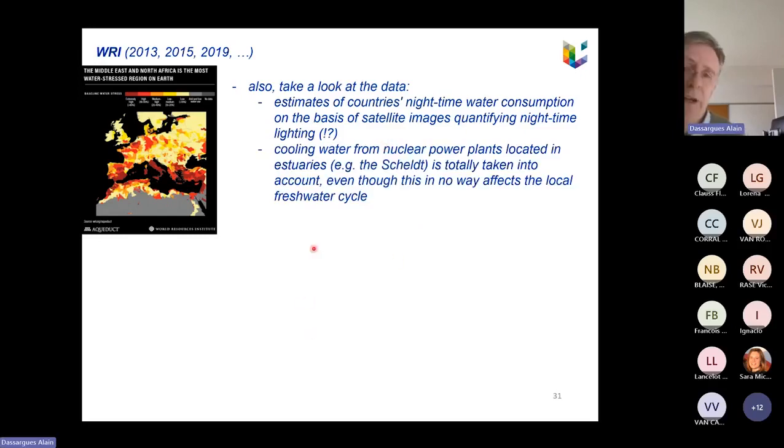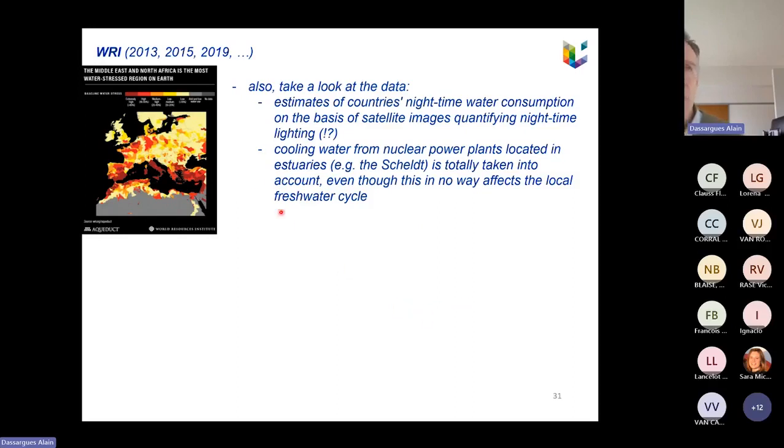And another aspect, the cooling water from nuclear power. If you take Doel, in fact, the nuclear power plant is taking water from the Scheldt, which is an estuary. The water is a mix of fresh water and seawater. This pumping of water has absolutely no effect on our water resources in Belgium.